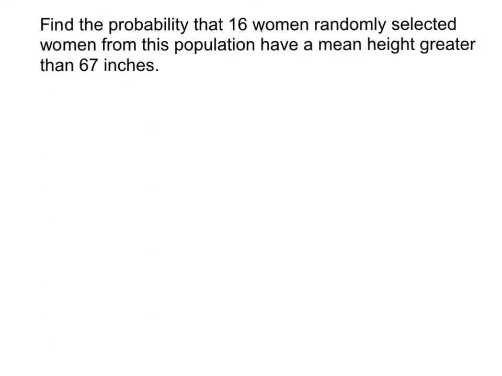Now in this problem, we're looking at 16 women randomly selected and the probability that they have a mean height greater than 67. That means we have to look at the sampling distribution, which we know has a mean. The mean of the x bars is the same 66. That hasn't changed. But the standard deviation of the x bars will get smaller than that 2 inches, and it actually came out to 0.5 inches.